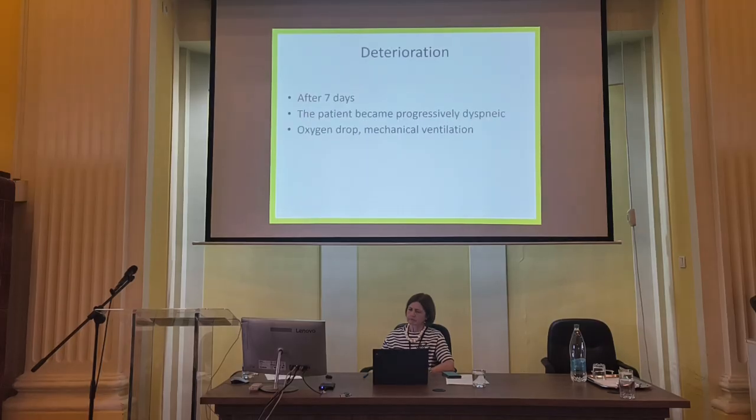Despite the initial treatment, the patient's condition deteriorated after 7 days of high-flow nasal catheter oxygen support, and he became progressively more dyspnoeic with worsening oxygenation and a significant drop in oxygen saturation. So eventually he required mechanical ventilation again.